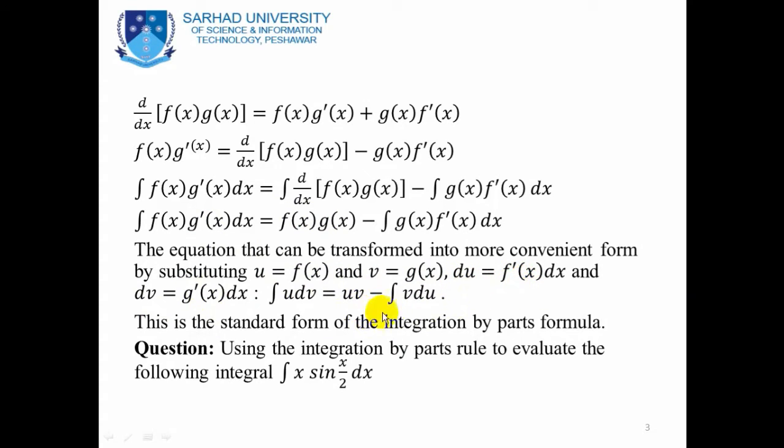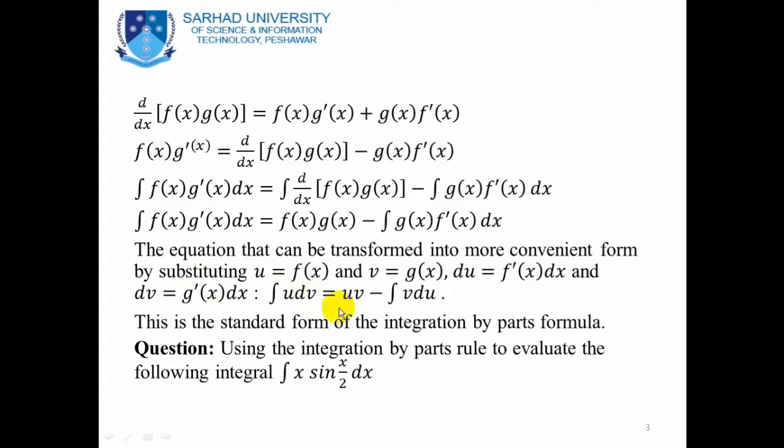So in this formula this v represents the g function and u represents the f function, and this is the integration of u, the first function, and dv, the second function.